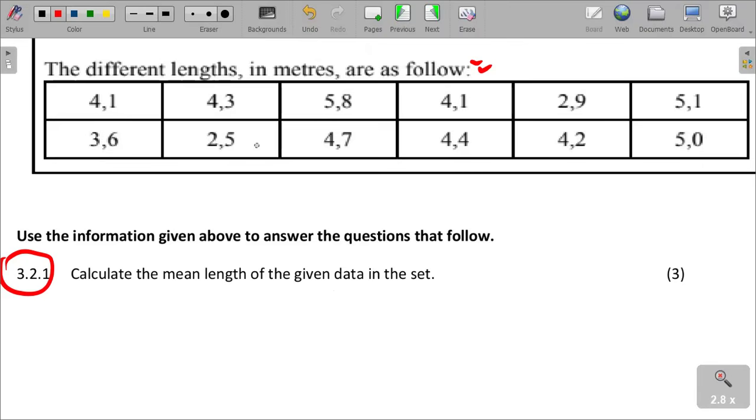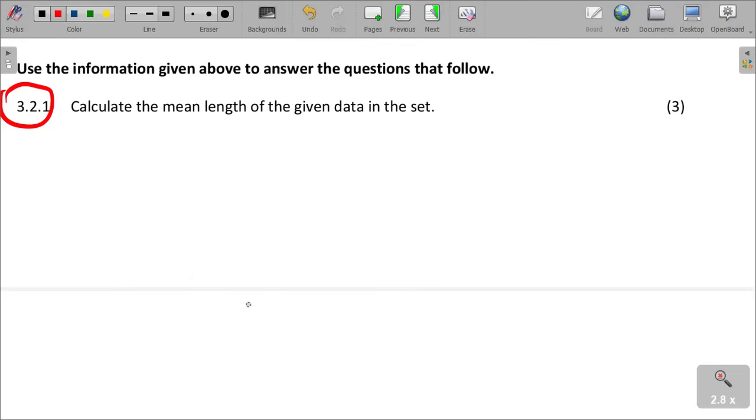The mean, obviously, is the total of the data set divided by the total number that is there. The total number of the cars is 12.